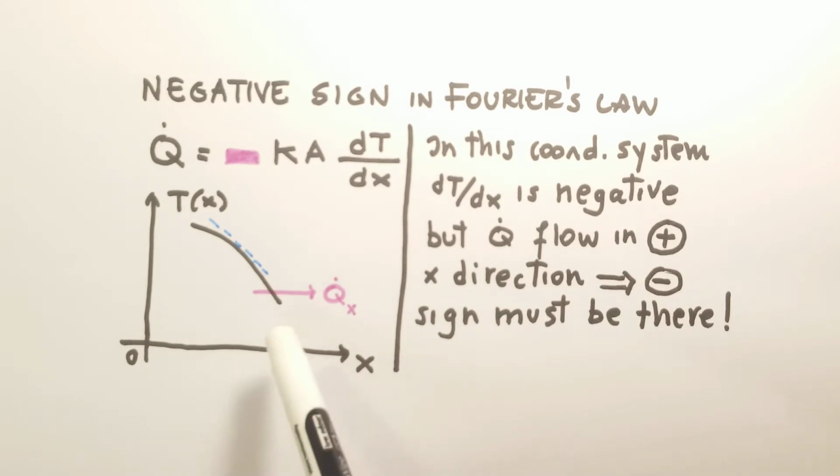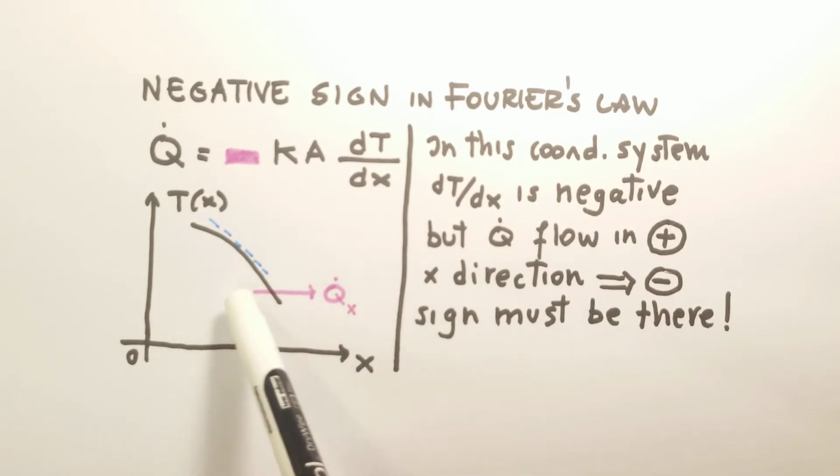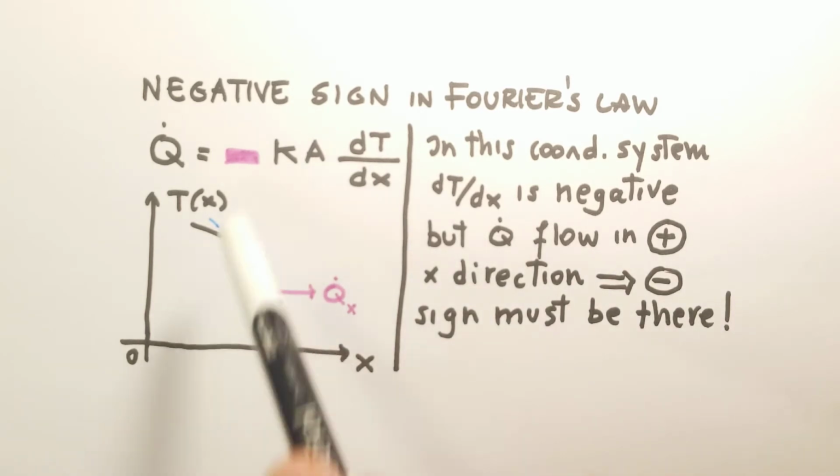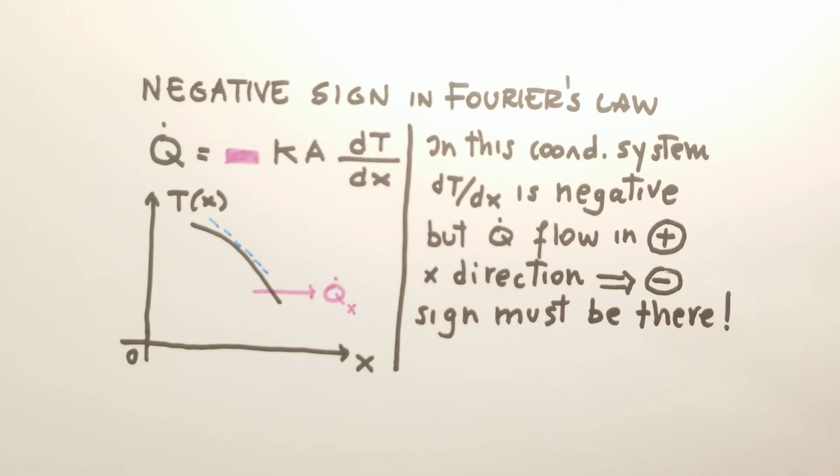But we observe that Qx is positive in this coordinate system. And remember, Q is, in general, a vector. So the minus sign refers to this coordinate system. If you flip the coordinate system, so x instead is going to the left here, then dT/dx would be positive and Q would be negative. So everything would be consistent.